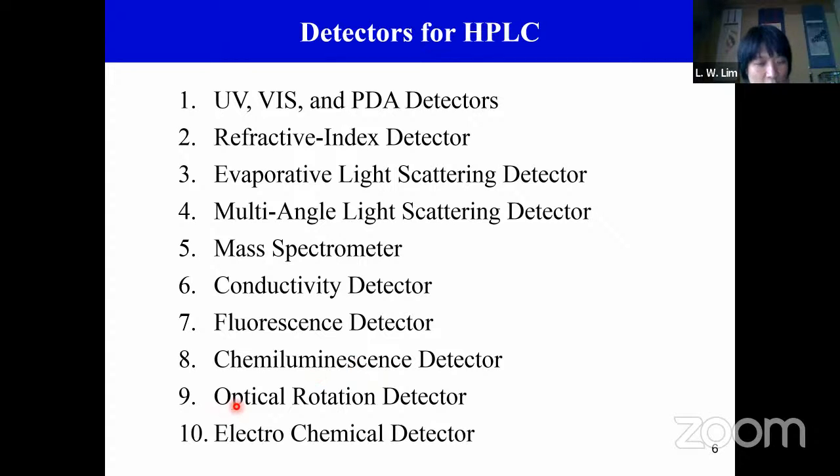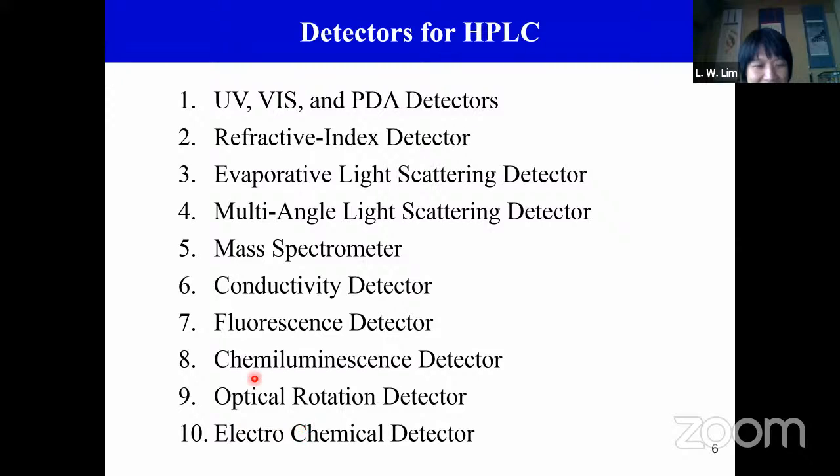Another one is optical rotation, like levo and dextro. This is usually for chiral compounds. It is not so common right now, but it is important when we want to analyze chiral compounds. And last but not least, any sample that has electrochemical reactions.